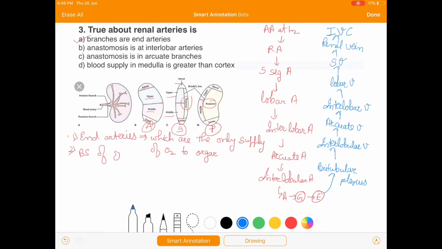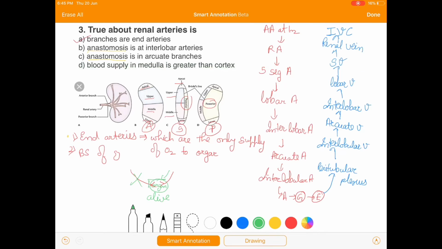Okay, now moving towards the options. What do you mean by anastomosis? Anastomosis is when, suppose this is an organ which is supplied by two arteries. Means suppose if one supply is cut, the organ is still alive because of supply of this artery.